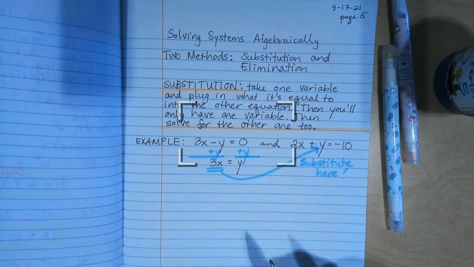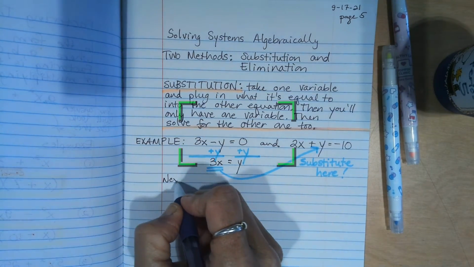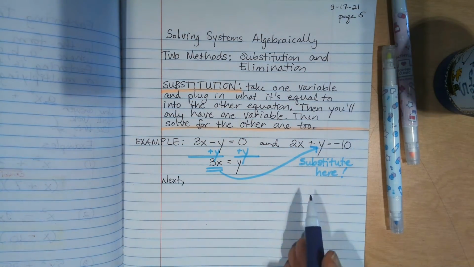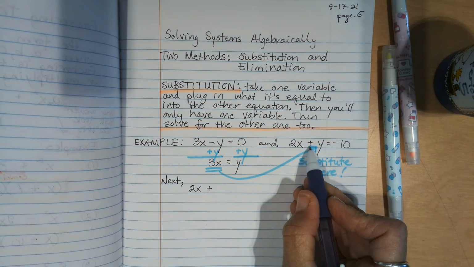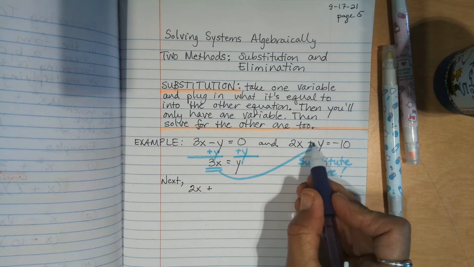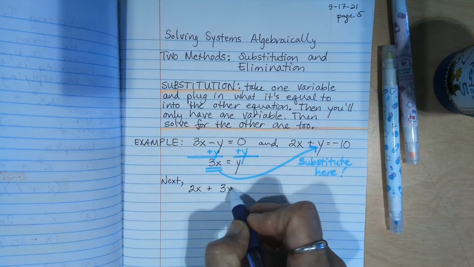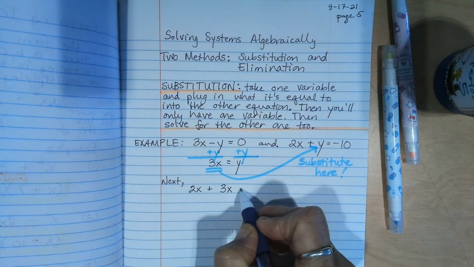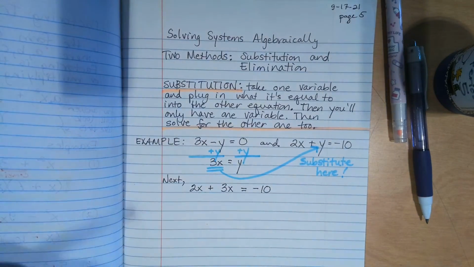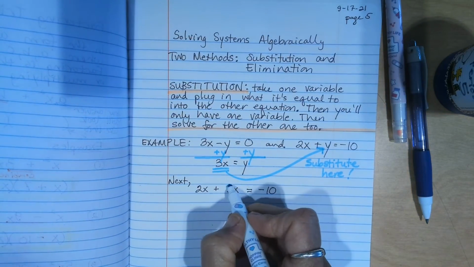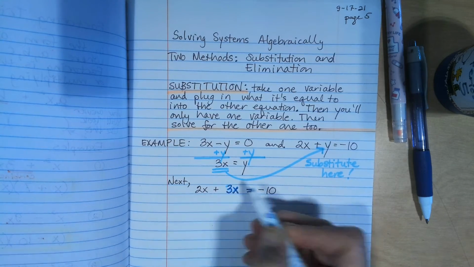And then my equation becomes 2x plus, here's my 3x, and that is equal to negative 10. This is your 3x that you got from the other equation.